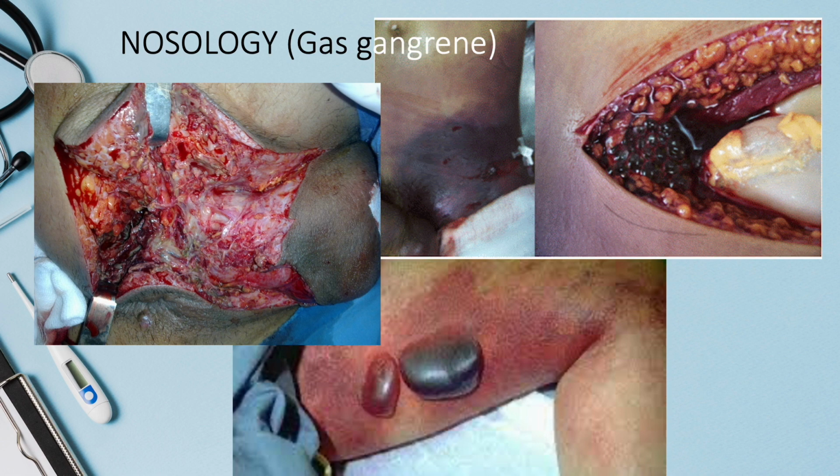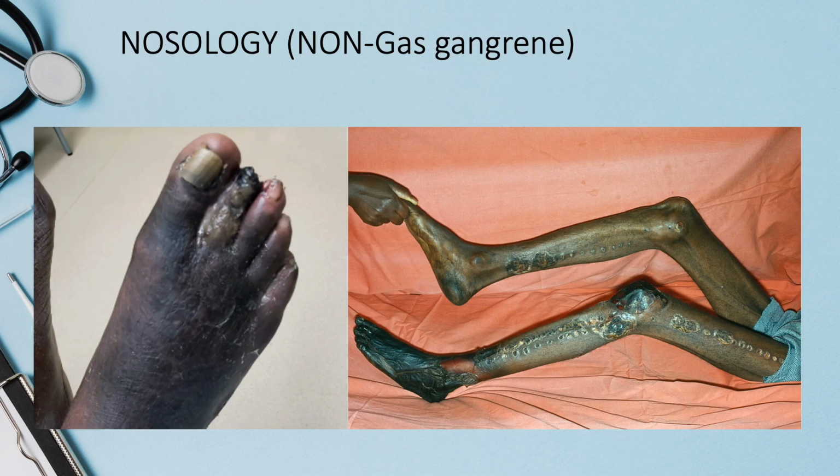So this is how you differentiate Clostridium perfringens from other bacteria. Spore will be situated, as you can see here, either centrally or subterminally.